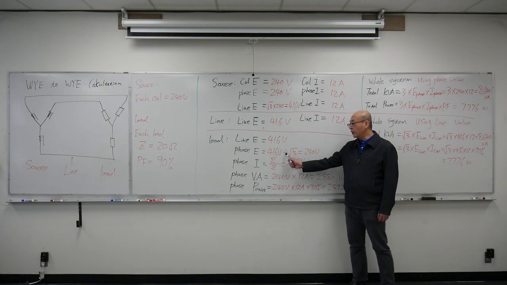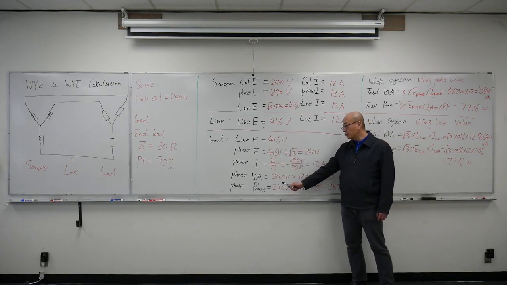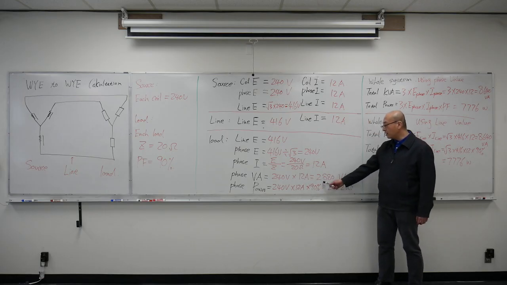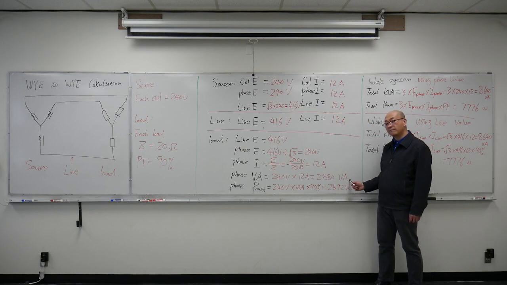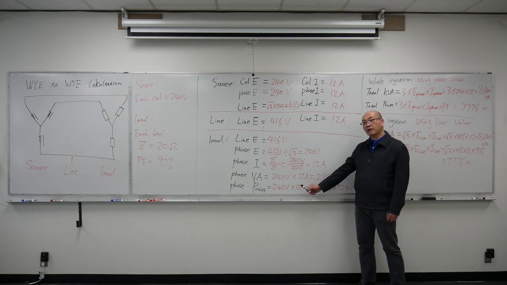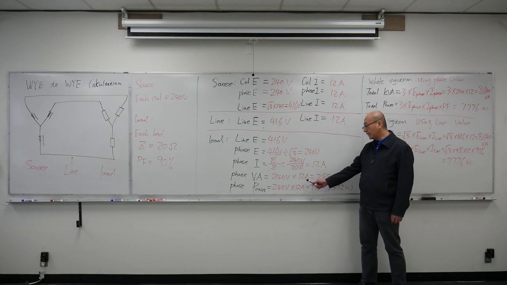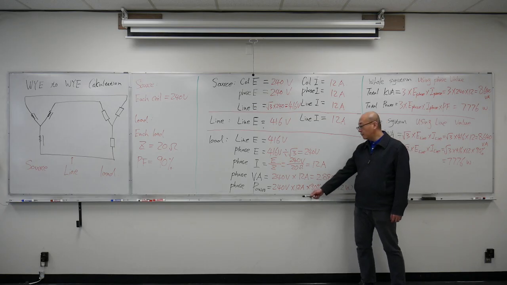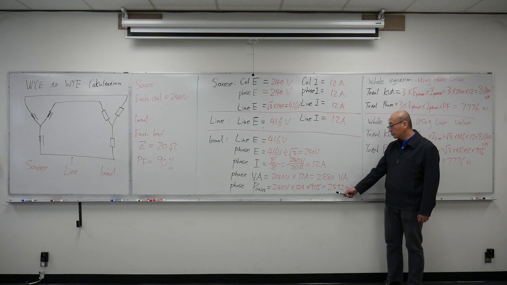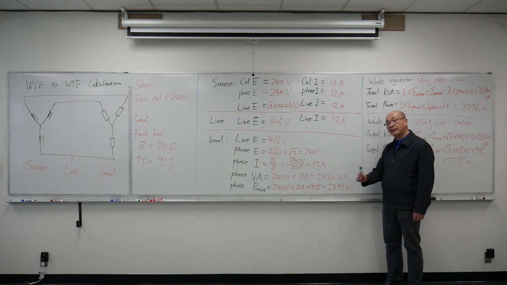It is voltage times current. So 240 volts times 12 amps gives me 2,880 VA. The power in each phase is equal to the VA times power factor. So volts times amps times power factor gives me 2,592 watts.